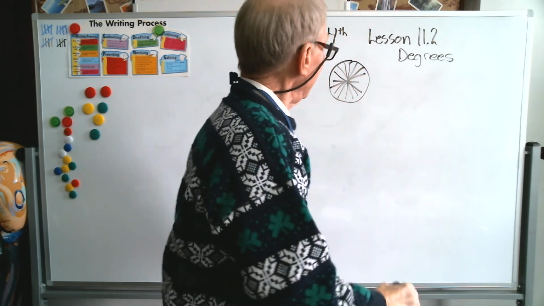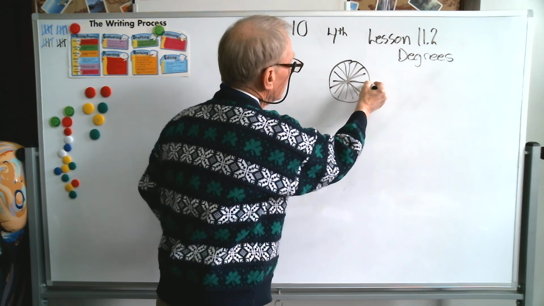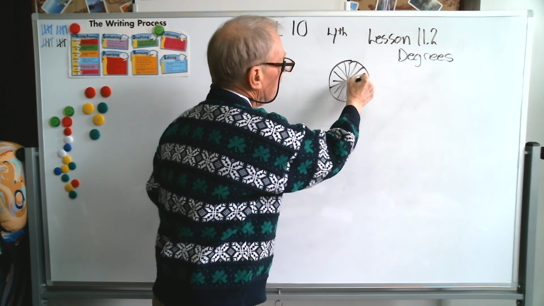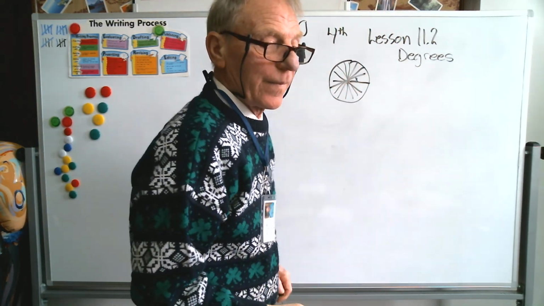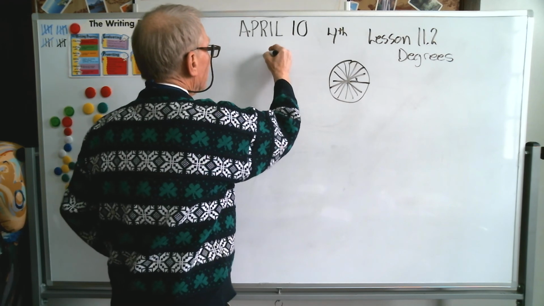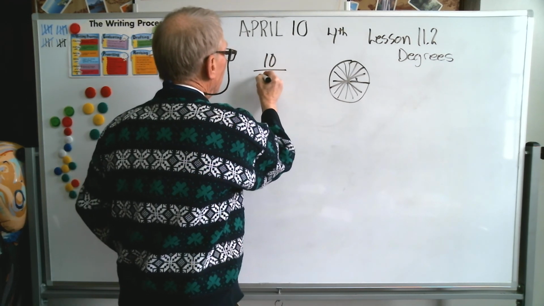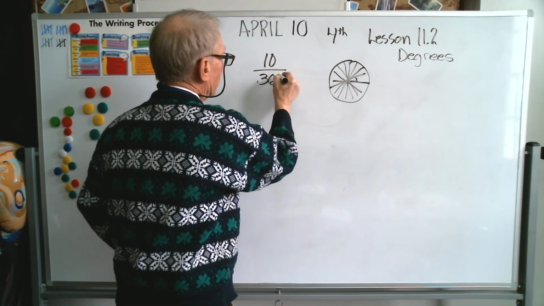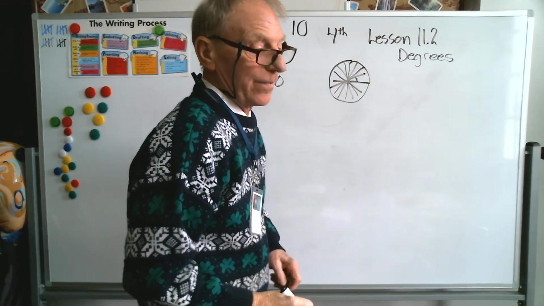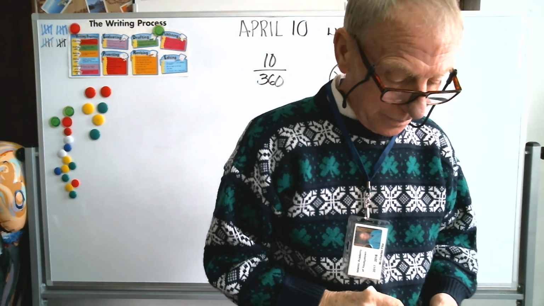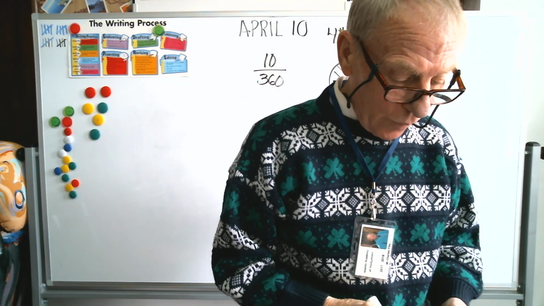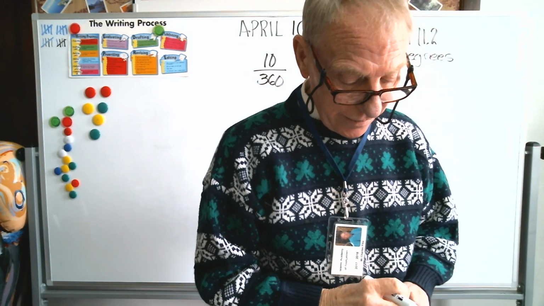And it says that the angle between those spokes is a fraction, 10/360ths. So what's the measure of the angle formed between the spokes?